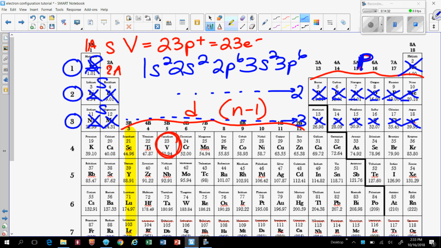So we keep going. We hit potassium in period 4, so now we're in the 4th energy level. Notice I ran out of room on my other line, so I just continue on the next line. I'm in the S sublevel, so when I mark through potassium and calcium, that completes 4s2. But now I enter scandium. Notice when I hit scandium, I'm in the D sublevel, where the energy level drops by 1.